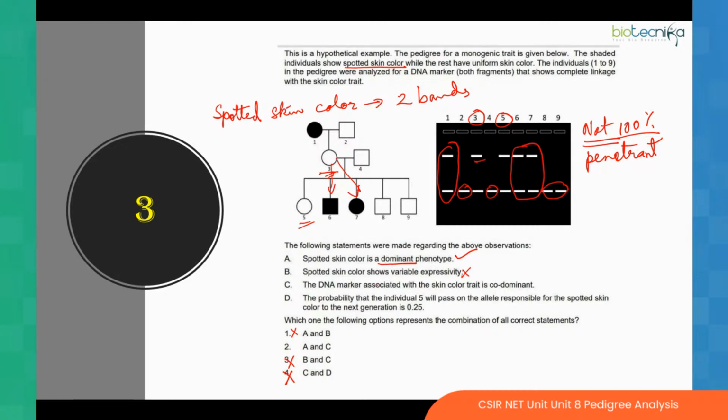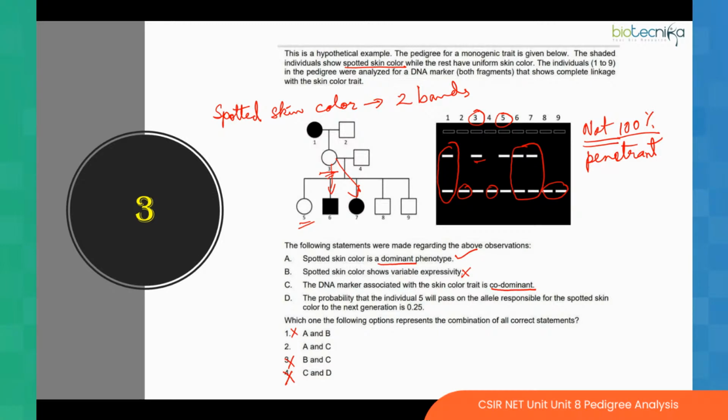So the DNA marker associated with the skin color trait is codominant. Okay. Now, what is the feature of codominant molecular markers? That it will show a band pattern that is different in homozygotes and heterozygotes, right? That is the feature of codominant markers. So in this particular molecular marker data, you can see that the individuals who have a single band are homozygotes.